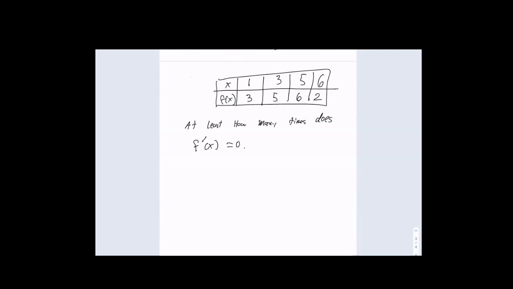So now, in this problem, I am given f of x and asked about f prime of x.